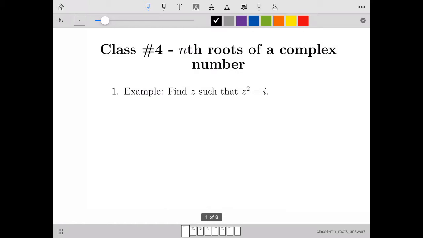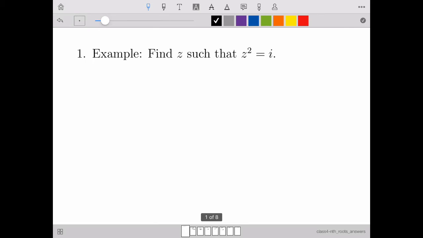Class number 4, nth roots of a complex number. Example: find z such that z squared equals i. By what we did at the end of class number 3, if we have z to the n equals z0, then z equals z0 to the 1 over n.